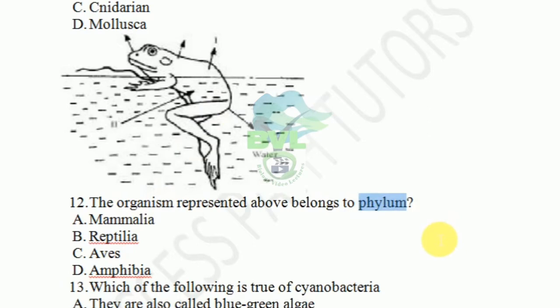This organism belongs to phylum Chordata. Under phylum Chordata we have different classes. These are the classes. The class this organism belongs to is Amphibia. I hope you're able to take note of the correction.